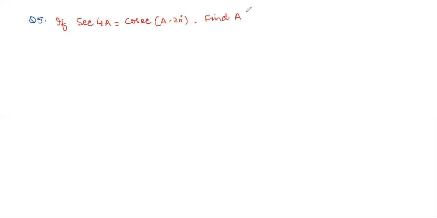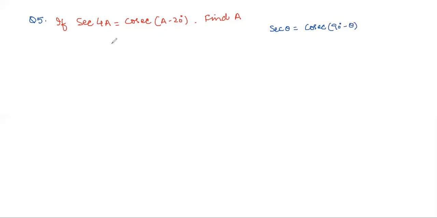Now, let's look at the question first. Here we are given sec theta, and here it is cosec theta. Now, children, we will change the style of writing sec theta. Just remember the formulas of complementary angles. Sec theta is always equal to cosec 90 minus theta.